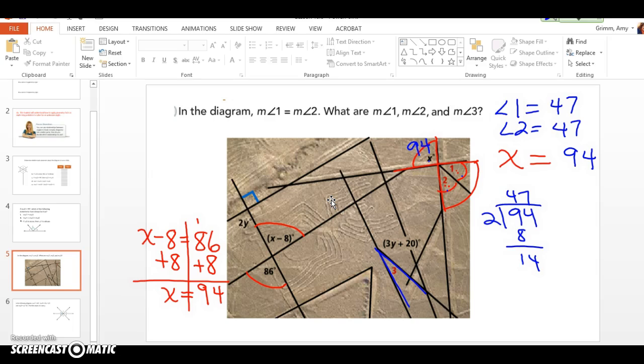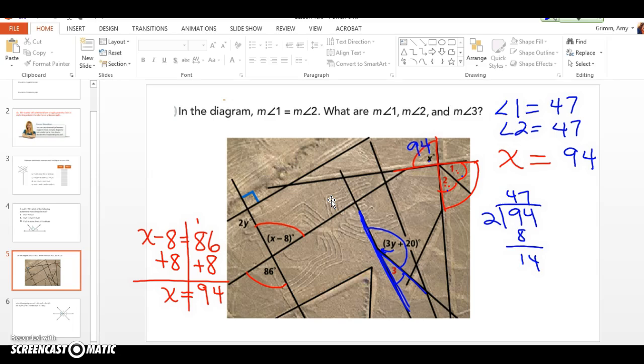So what is something I've learned this chapter that can pull in that 3y plus 20? Isabel? See what she's saying? Is that a straight angle right there? Yeah, if you kind of turn your head sideways. Do you see this goes to this angle right here? So what do we know about this angle plus this angle? That they're supplementary. Ooh, I like that vocabulary.